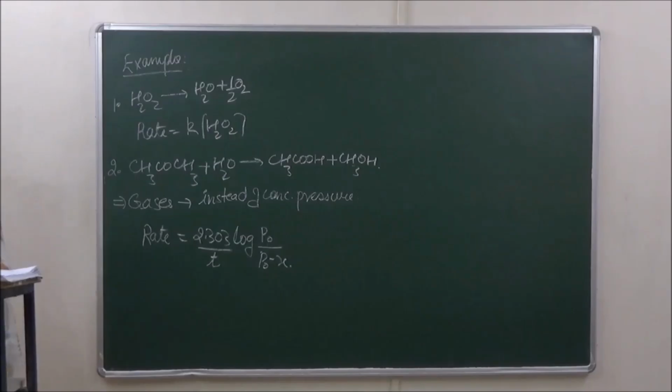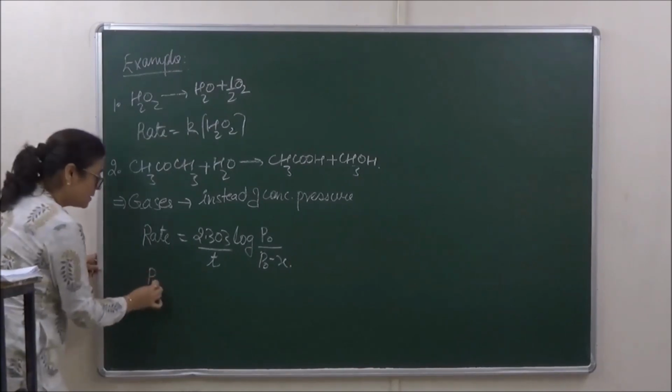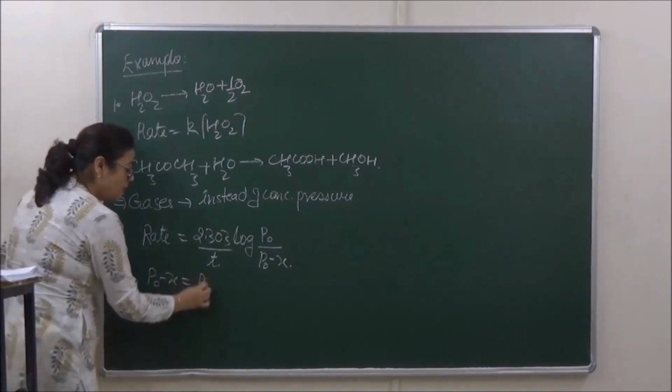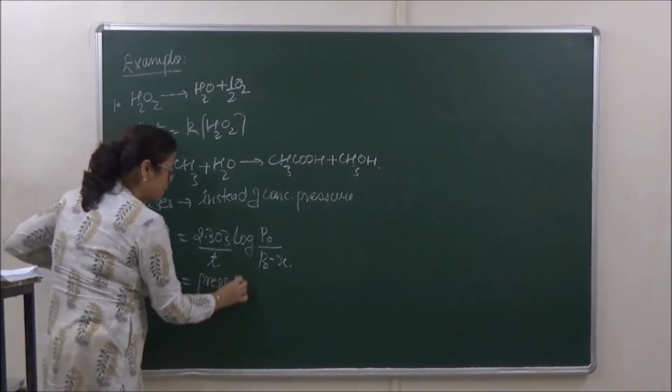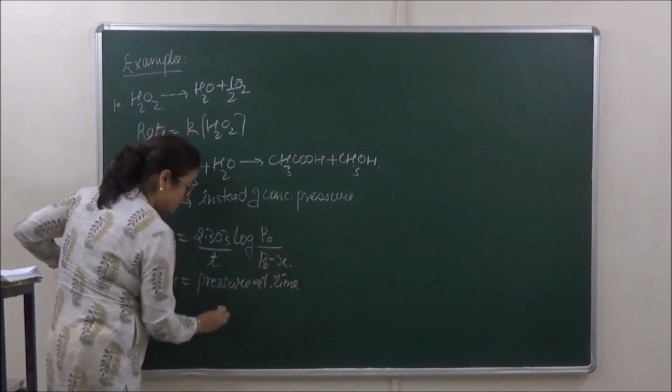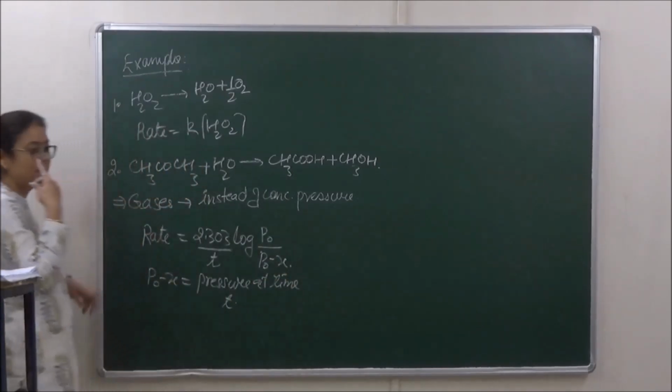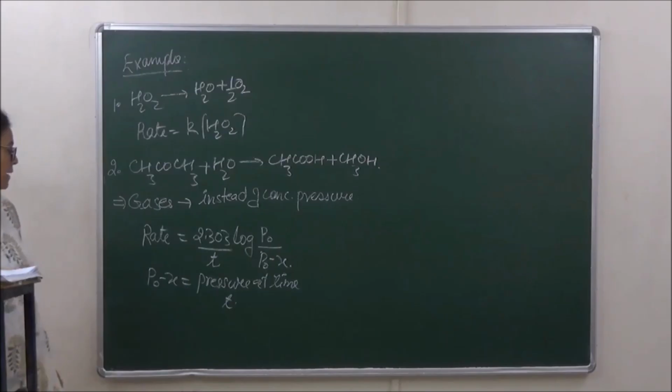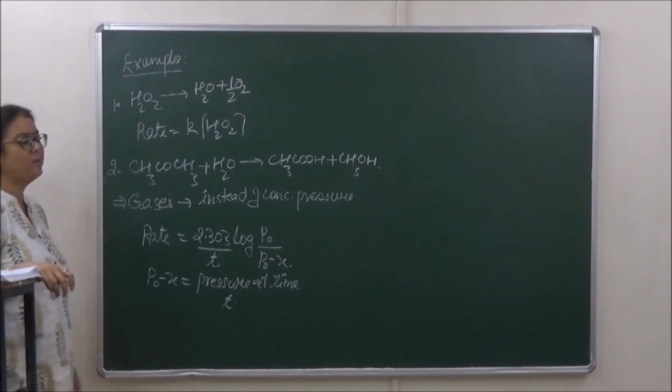Where P naught is the pressure of the reactant at the initial stage and P naught minus X is the pressure at time t.